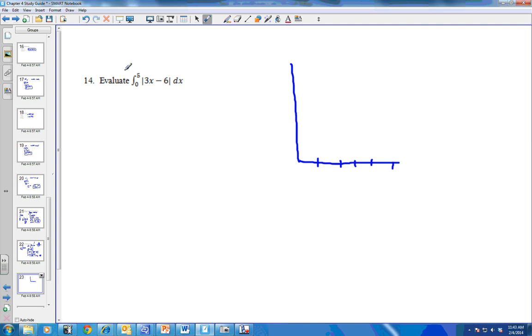Okay, when x is 1, 3 times 1 minus 6, I get negative 3, but the absolute value of that. So when x is 1, I get 3. When x is 0, it's 6. So it starts off up here. And then when x is 2, I get 0.